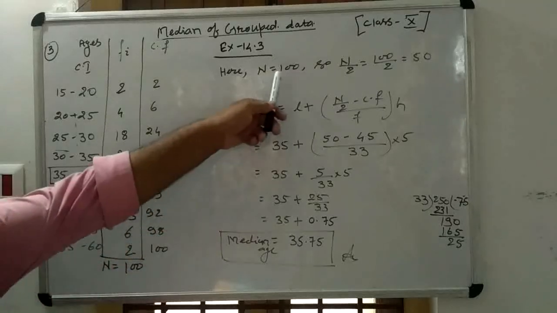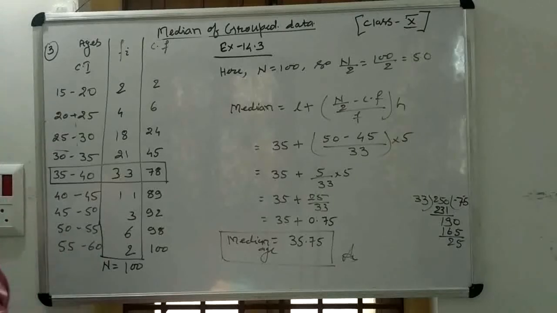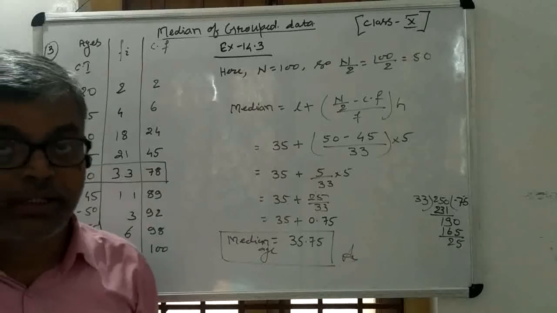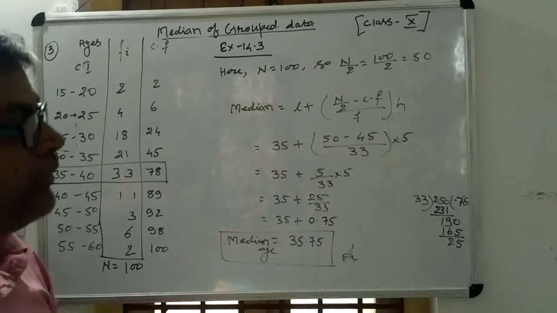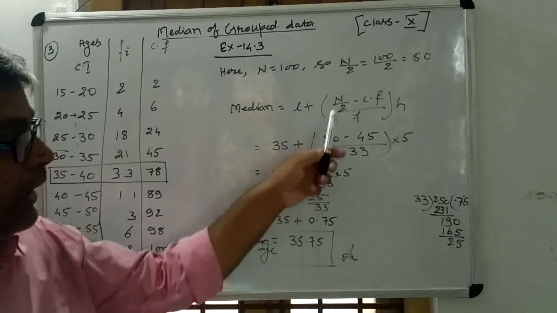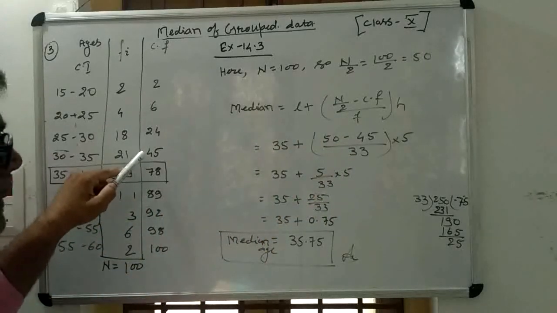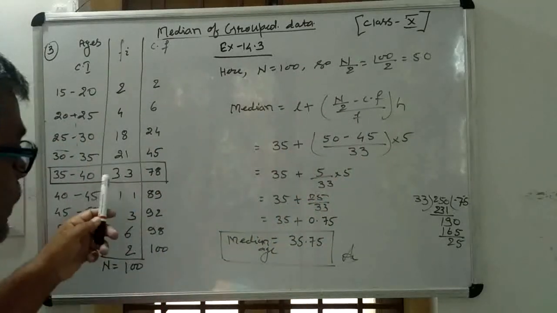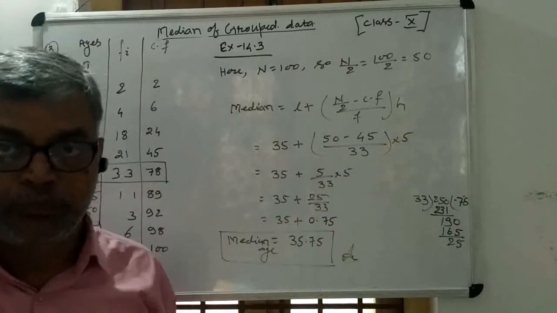So here n equals 100. So n by 2 will be equal to 50. After getting all these things, we apply the formula for median, which is median equals L plus n by 2 minus Cf by f into h, which is 35 plus n by 2 is 50, minus Cf, the cumulative frequency of the class preceding the median class, which is 45, and f is the frequency of the median class, which is 33, and h is your class size, which is 5.